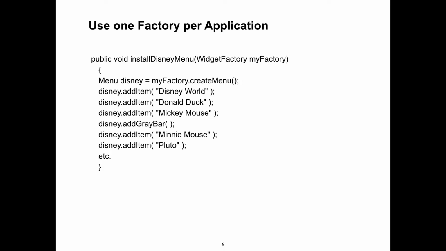But now the injection clients are in different places. So why not inject just the factory and do it once, right? So then when you run it on Windows, you inject the Windows factory, as opposed to having to inject a menu and a button and a slider and, right?